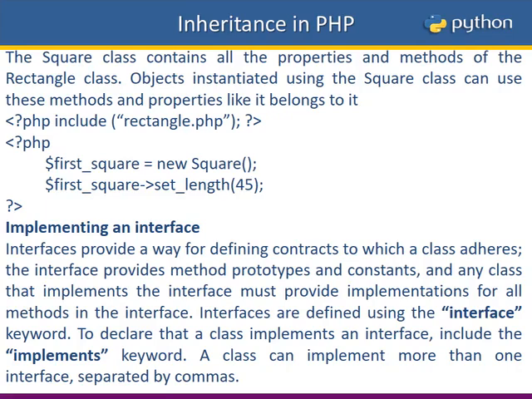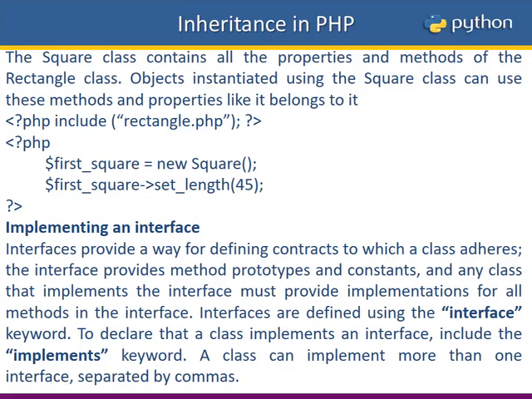The first one is extending a class, where we have seen the code example of how to extend a class using the extends keyword. Another one is implementing an interface, that is, defining a construct for classes using the interface and implement keyword.